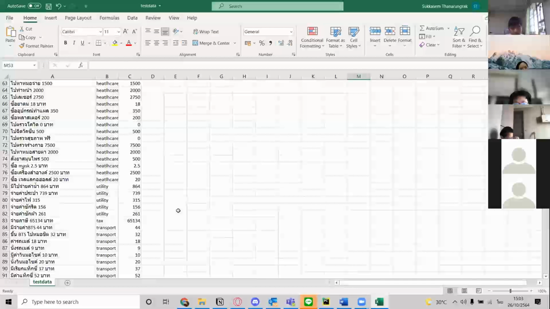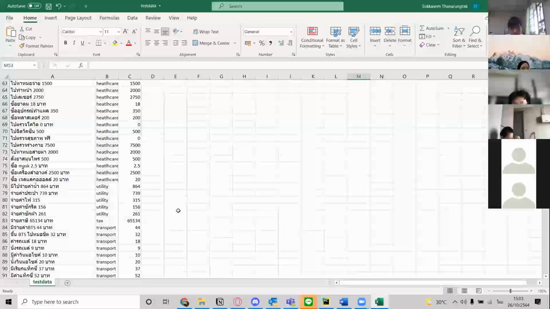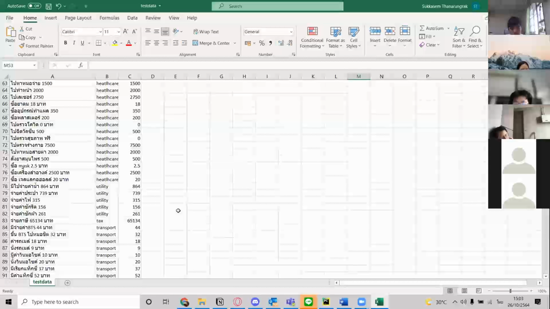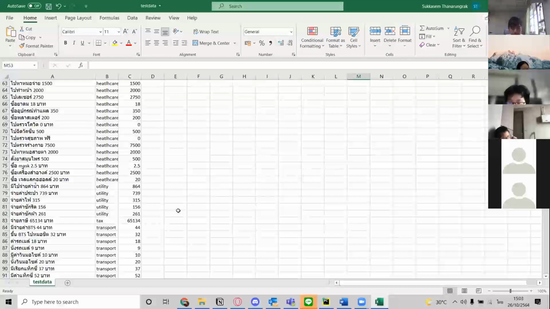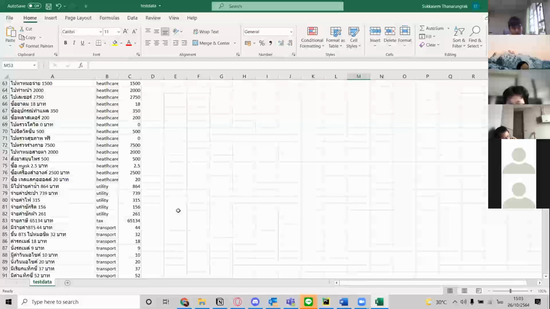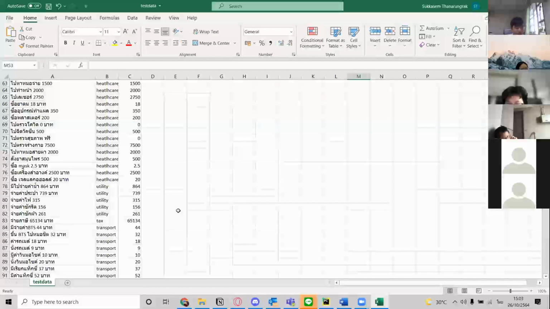There's a spending category and there's a receiving category, and you can literally do pattern matching. So you don't need machine intelligence. You just find the word ซื้อ, and that immediately says spending, you see what I mean? You can have one word set that says this corresponds to spending or expenditure, this corresponds to income, and you can have another word set that says this has to do with healthcare, this has to do with utility, and literally you can pattern match.